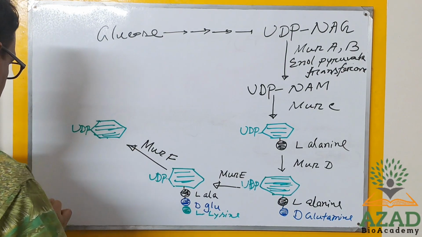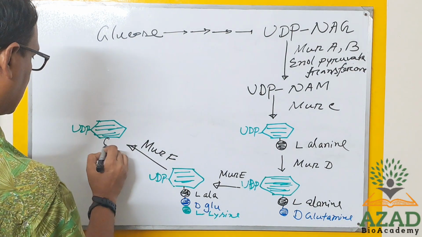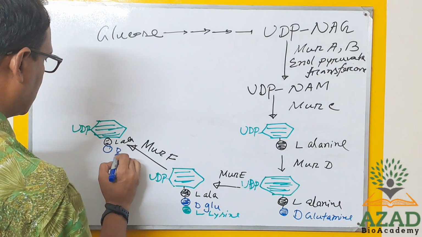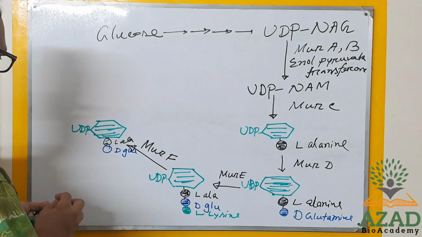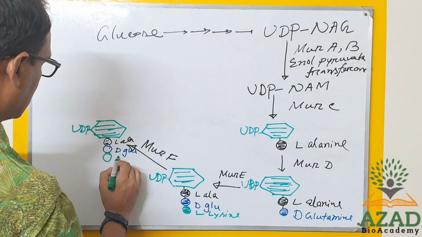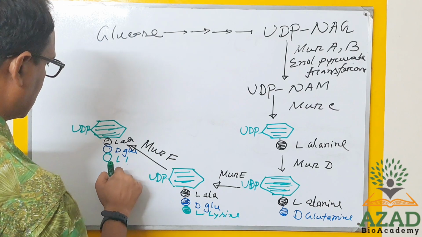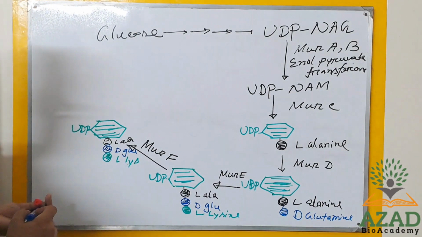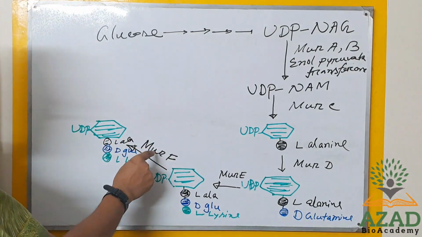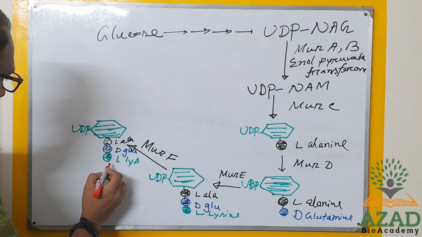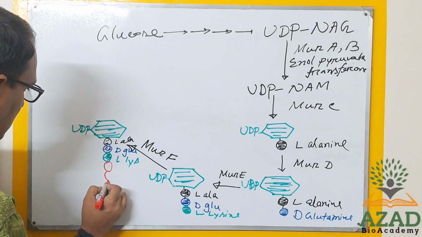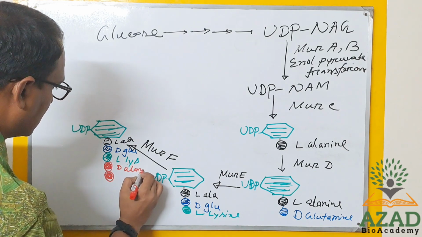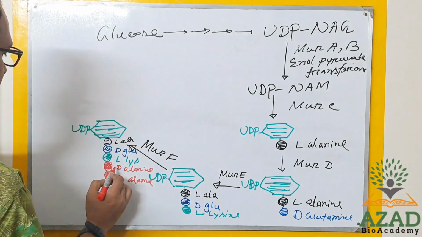Then here one is ALA, then D-glutamine, then L-lysine, okay, L-lysine, and by the help of MUR-F, it will add a dipeptide, that is basically D-alanine and D-alanine. That dimer form will attach here.